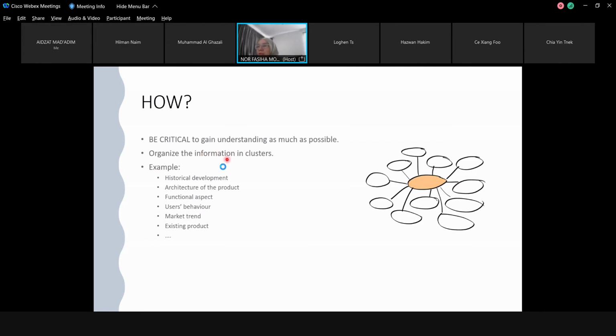So the example of background study, we would like to know the historical development of that product, or the architecture of the product, the functional aspect of the product, the user's behavior while using the product, the market trend, and the existing product.